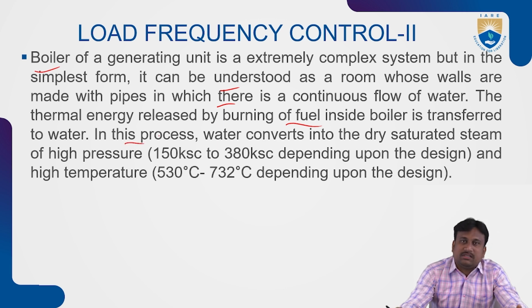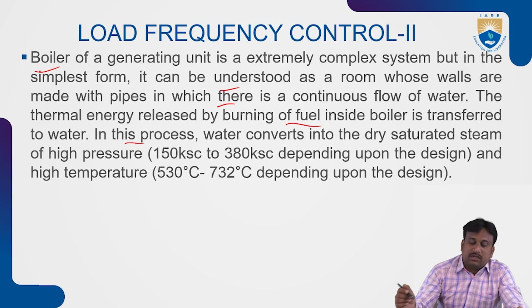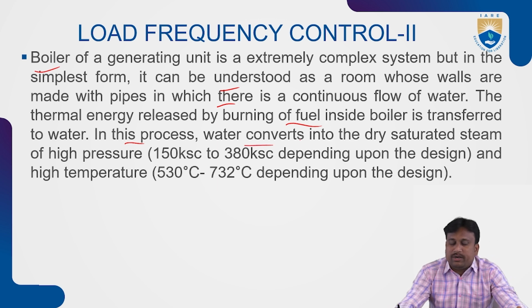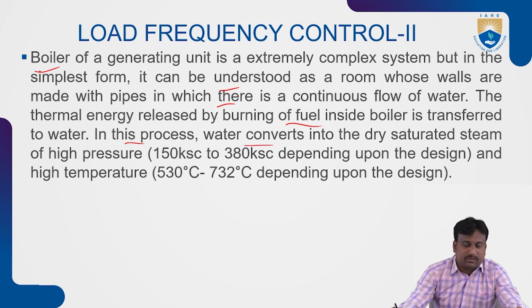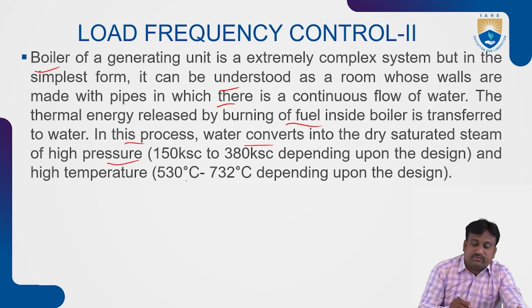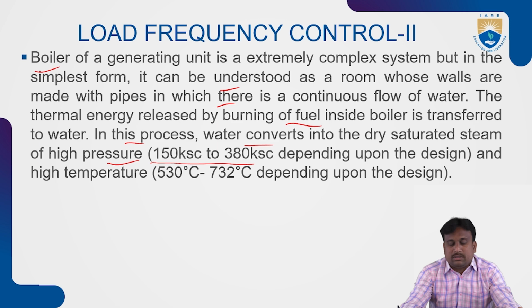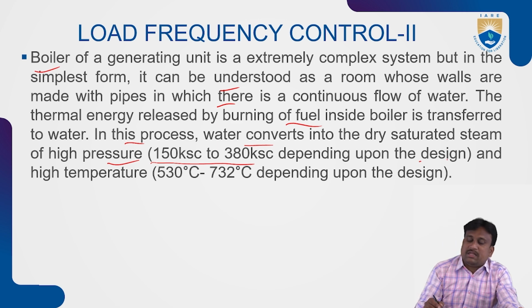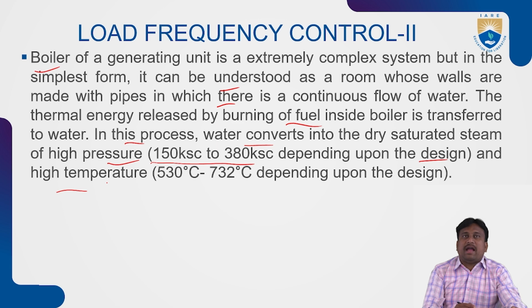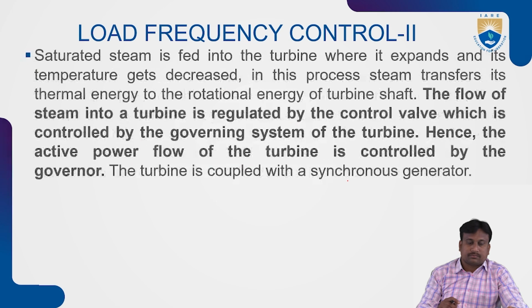In this process the water is converted into dry saturated steam at high pressure, about 150 kg/cm² to 380 kg/cm², depending upon the design considerations, and operated at high temperature, about 530 degrees centigrade to 732 degrees centigrade, depending on the design case.